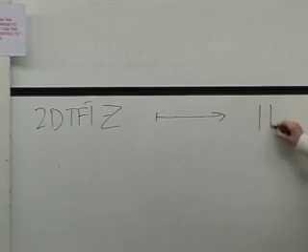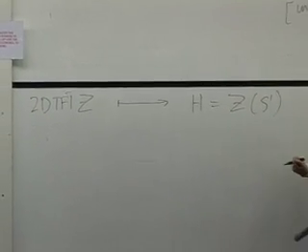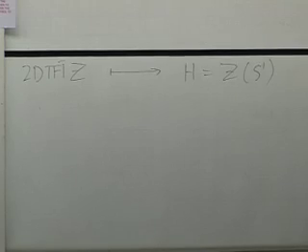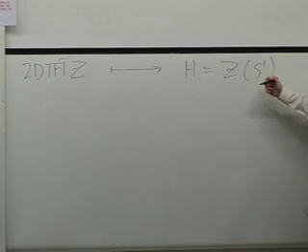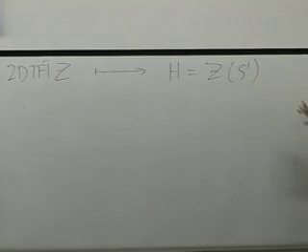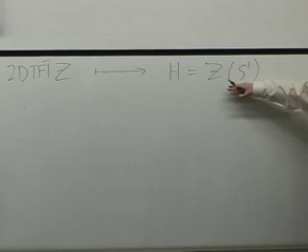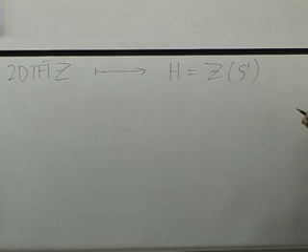Let me call it H, which is the vector space associated to the circle. We're in 2 dimensions, which means we assign vector spaces to 1-manifolds. There are not so many interesting compact oriented 1-manifolds out there. So all I need to tell you is what Z of the circle is. Z of a disjoint union of circles is given by tensor powers of H. So this tells me what Z assigns to 1-manifolds.